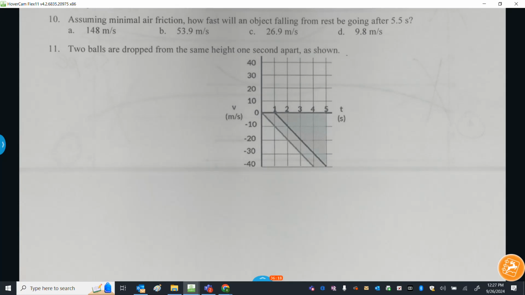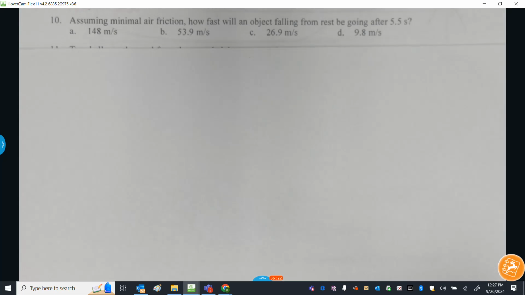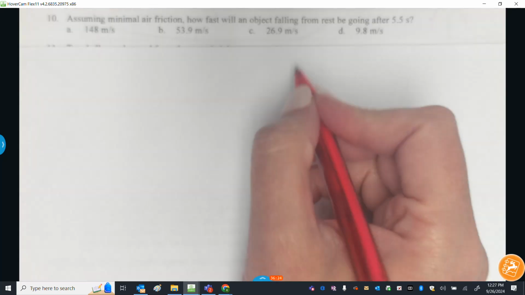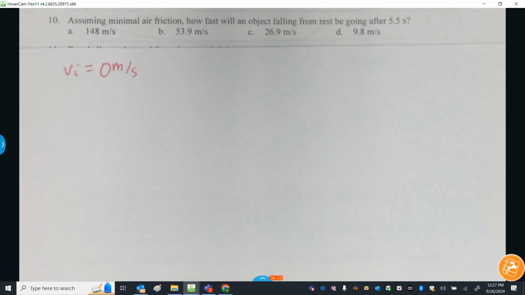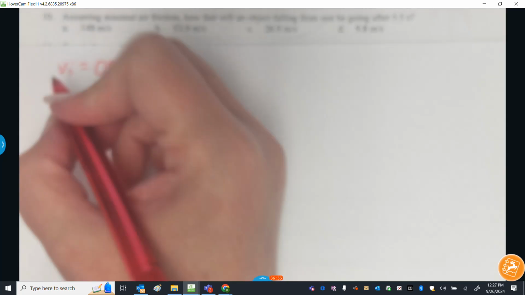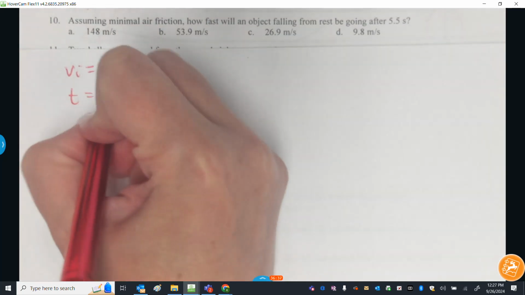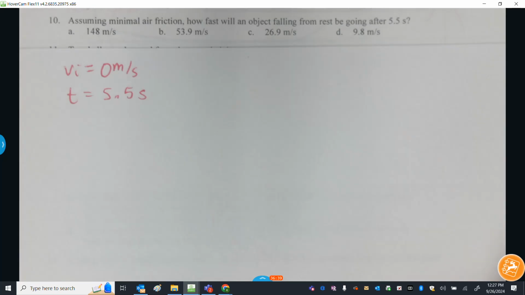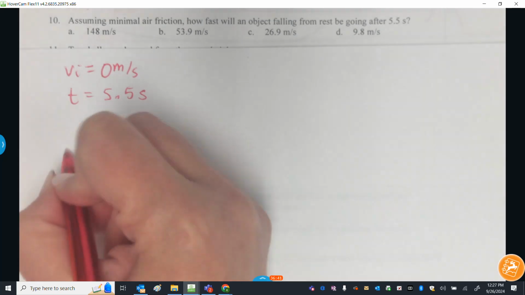So let's go ahead and label the information that we know in the question. We know that this object fell from rest, which means it has an initial velocity of 0 meters per second. We are looking for how fast it's going after 5.5 seconds. They gave us a time. And again, we're looking for the final velocity.